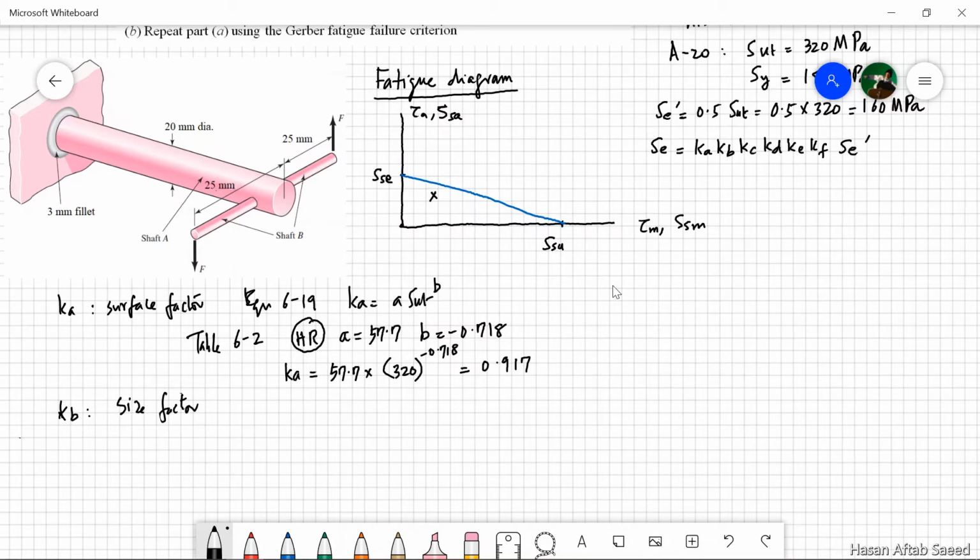The only thing that could be of interest or of worry is that this is non-rotating, whereas the rotating beam specimen, as the name implies, was rotating. But it doesn't matter, because if it was bending and non-rotating, you had to calculate the equivalent diameter. But here in this case, you don't need an equivalent diameter.